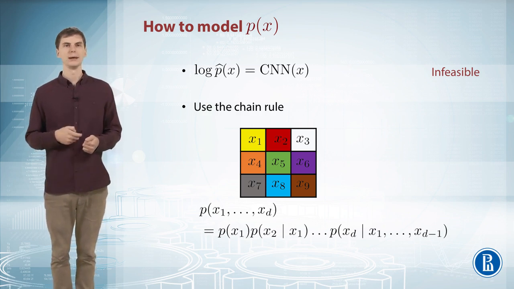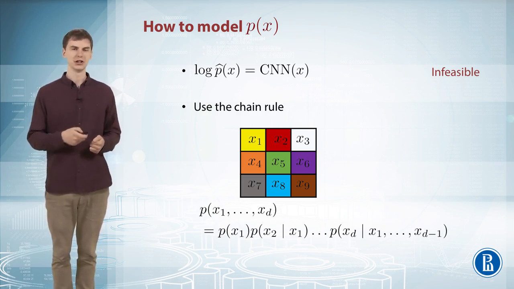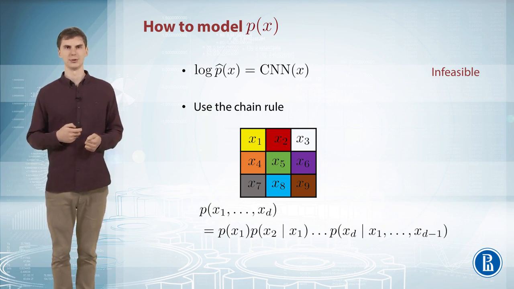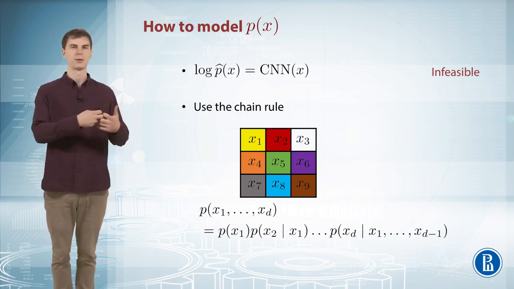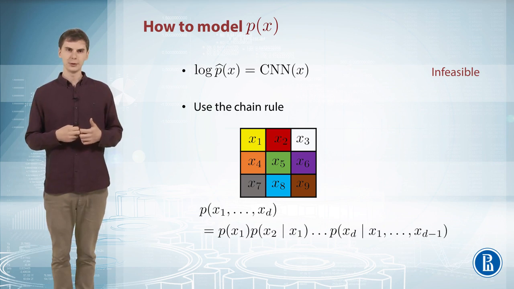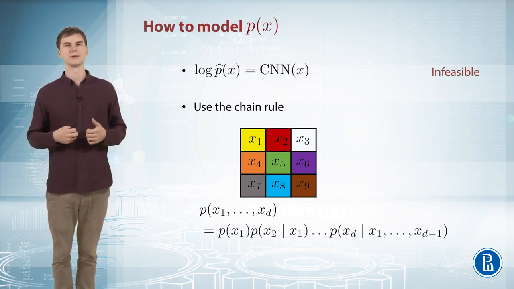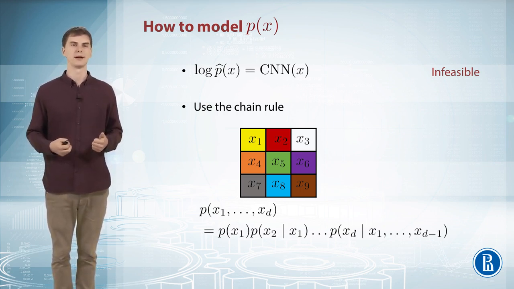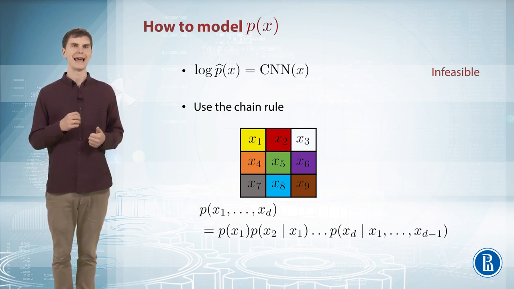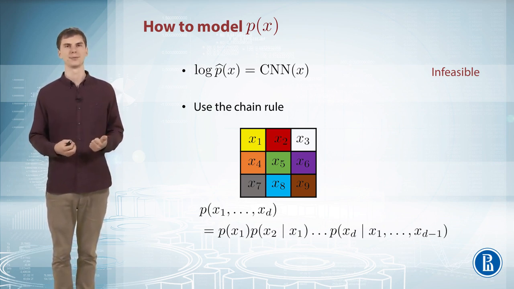And now you may try to build this kind of conditional probability models to model your overall joint probability. And if your model for conditional probabilities is flexible enough, you will not lose anything, because you can represent any probability distribution in this way.